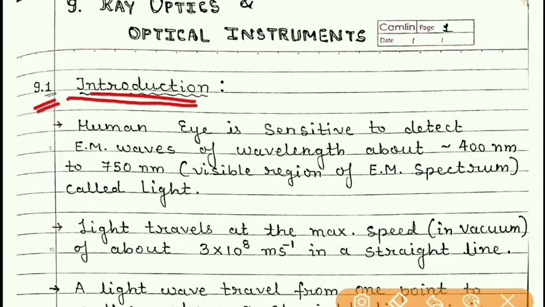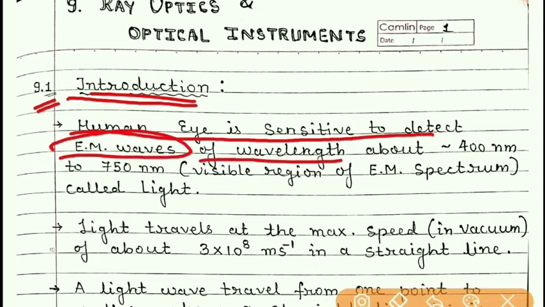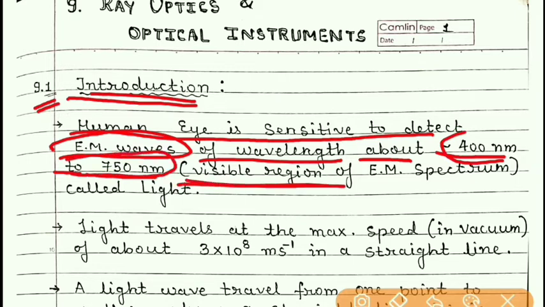Students, we know that the human eye is sensitive to electromagnetic waves of wavelength of about 400 nanometer to around 750 nanometer, and this region of the electromagnetic spectrum is called the visible region. In the chapter on electromagnetic waves, you have studied the different regions of the electromagnetic spectrum.